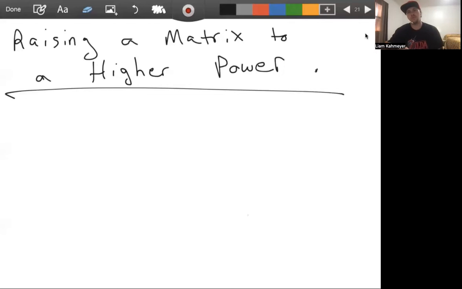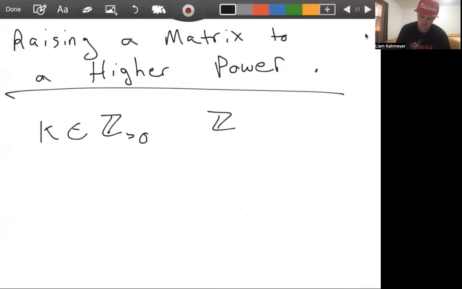Let's do another example of how we can use eigenvalues and eigenvectors to raise a matrix to a higher power rather quickly. So let k be a positive integer.